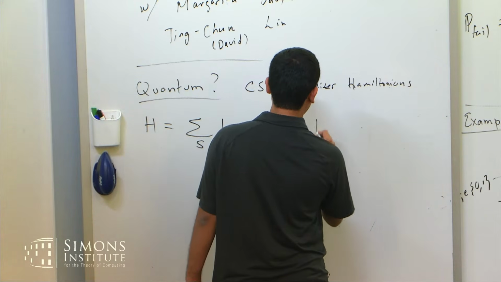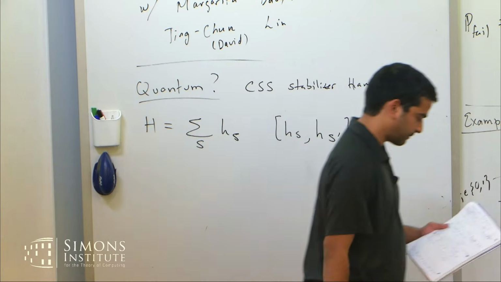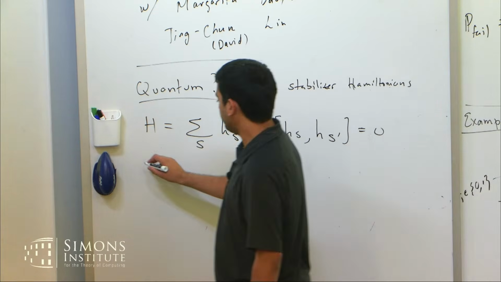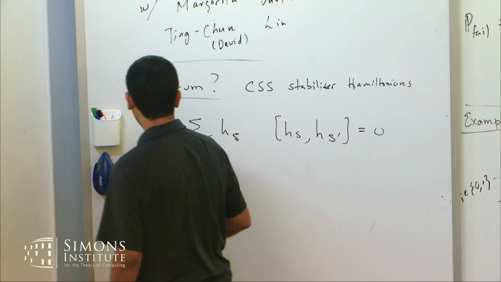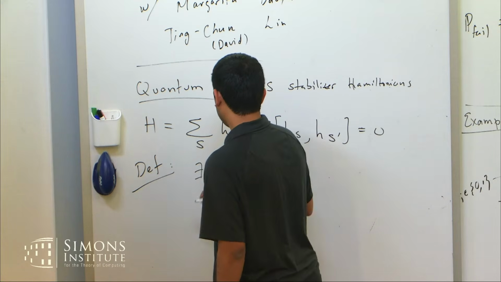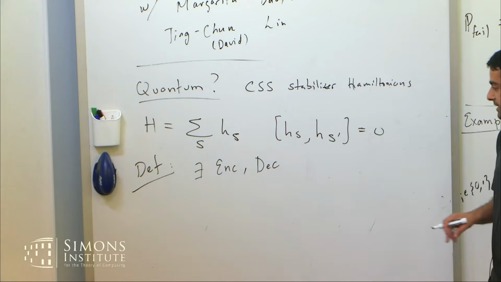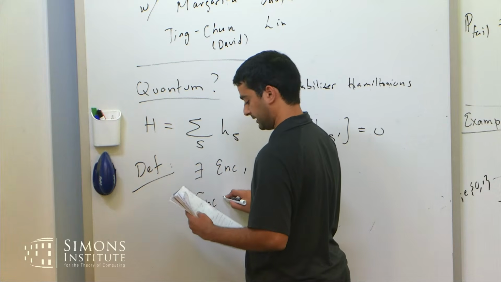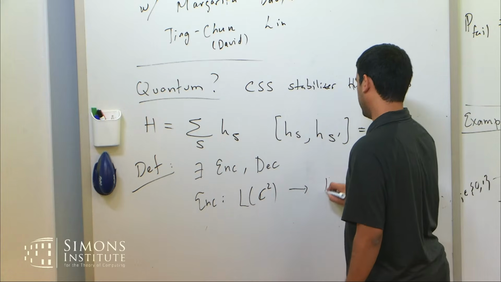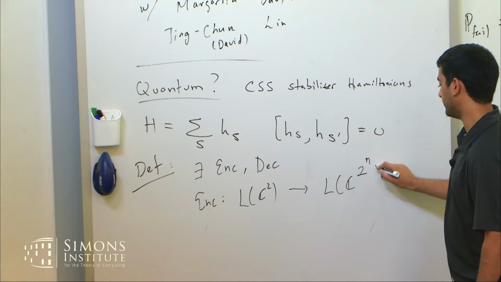And because it's a stabilizer Hamiltonian, these terms commute. The definition of a self-correcting quantum memory is to define, similarly, encoding and decoding maps, except the encoding map maps the state of a single qubit into the state of the system, which is, say, defined on n qubits.